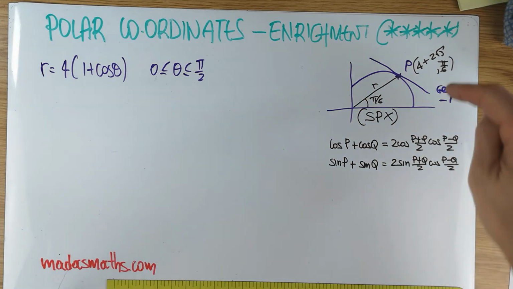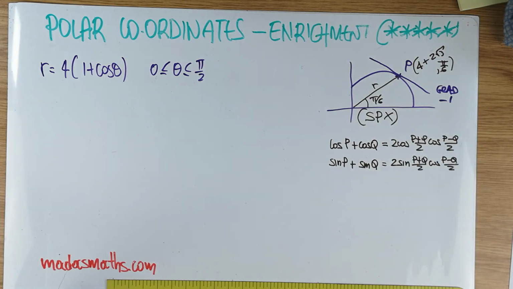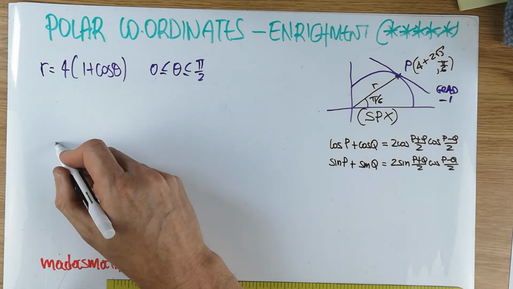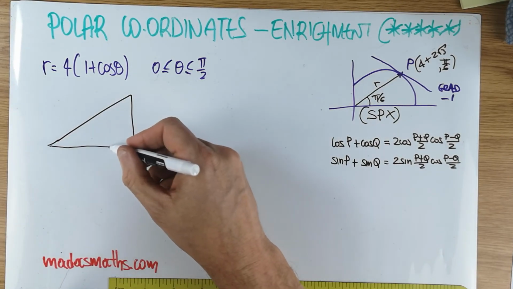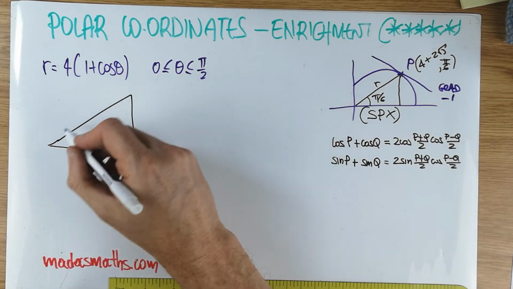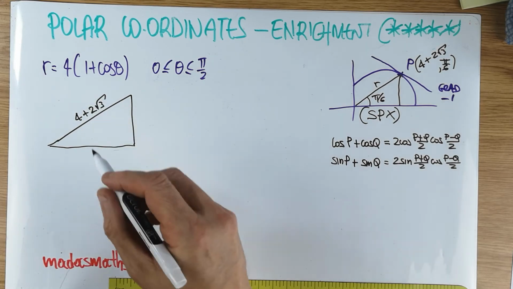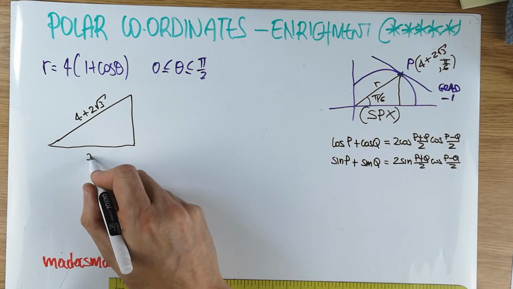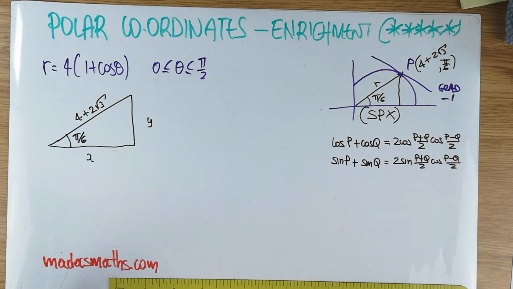But for this, of course, remember these are polar coordinates. I need Cartesian coordinates. That's not difficult, just a quick geometric picture to give us these values. So here's a triangle. The r, which is the hypotenuse, is 4 plus 2 root 3. That's going to be my x, and it's going to be my y, and this angle is, of course, pi over 6, or 30 degrees.